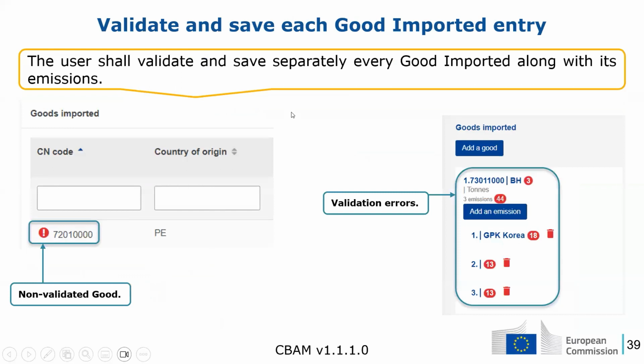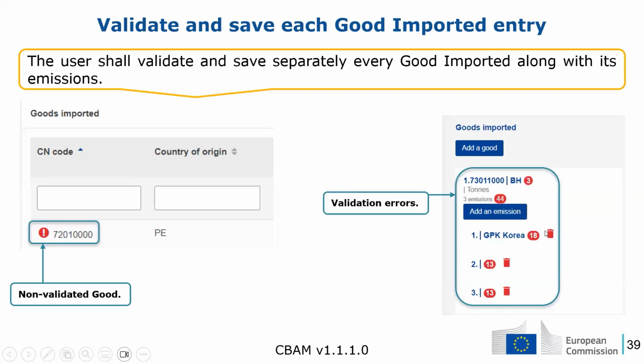It is important to validate and save separately every good imported along with its emissions. When you see this icon, it means that your good is not validated. And if you validate the good and then you get some numbers, it means that there are, for example, here, 3 validation errors at the good item level and 44 validation errors in the emissions.